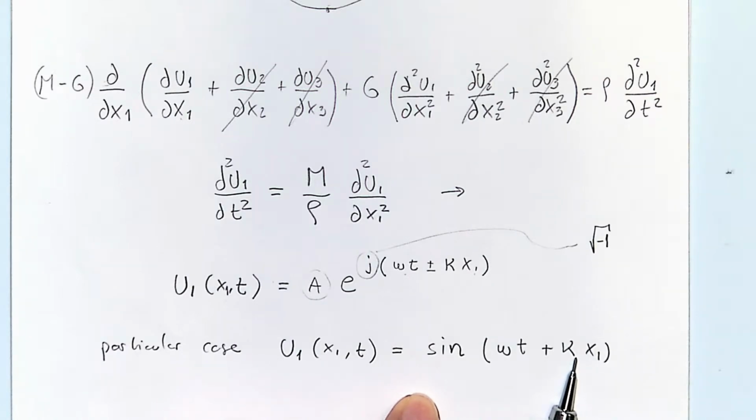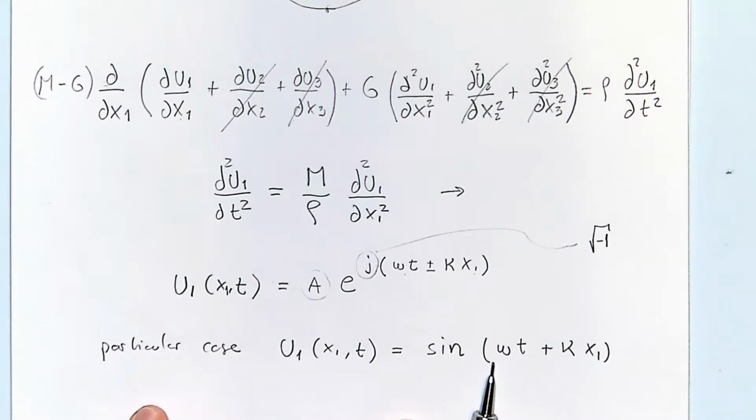But those are just constants. The variables are t and x1. We'll talk about the physical meaning of those in a sec. But one is a proportionality parameter with respect to time, for which you have an entire cycle. The other one is a proportionality parameter with respect to space.